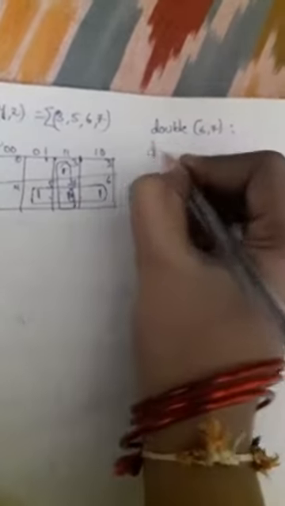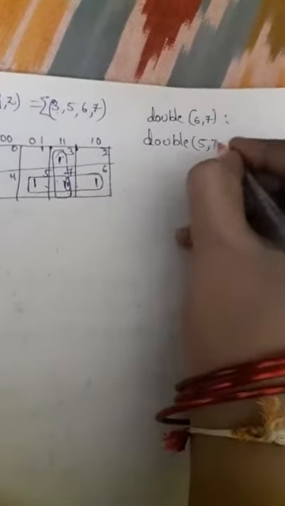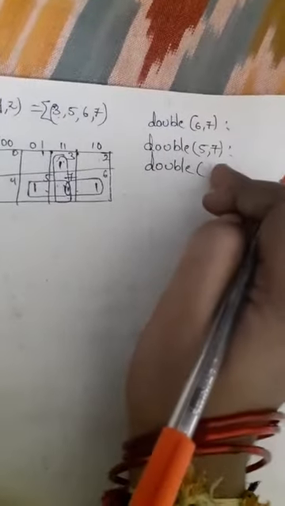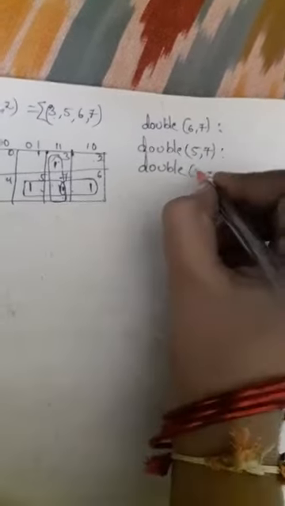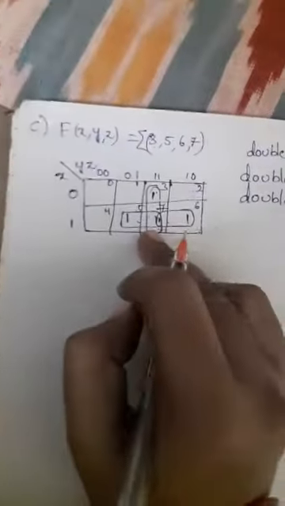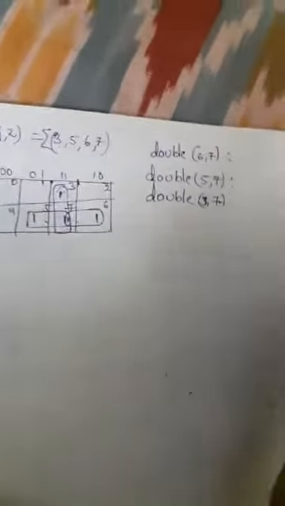Now coming to the next group, 5 and 7. These two are adjacent, so they form one group. So 6, 7 are adjacent cells, 5, 7 are adjacent cells, and 3 and 7 are also adjacent cells, right? That's why we can form the 3 doubles.